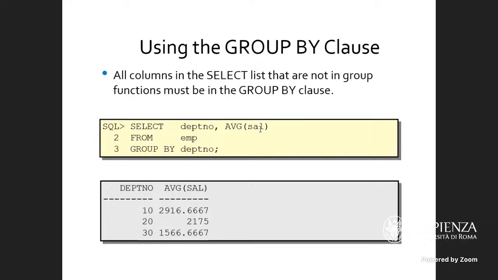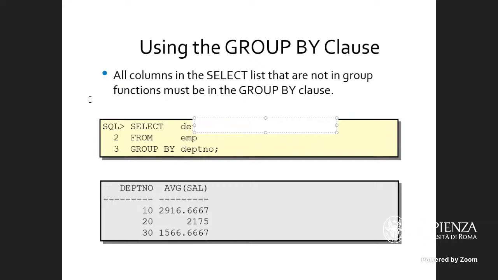Anything that is not in a group function must be in the group by clause. All columns that are not in a group function must be in the group by clause. So if I write department number here, I want to group by department. But if department number is not here, let's say I have something like manager ID.